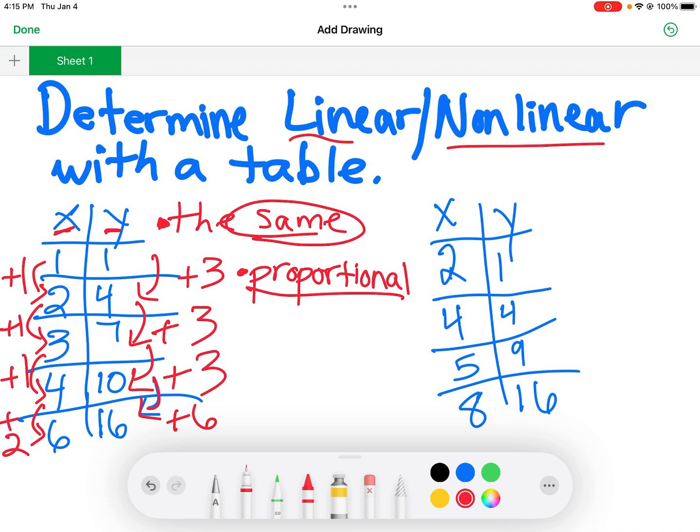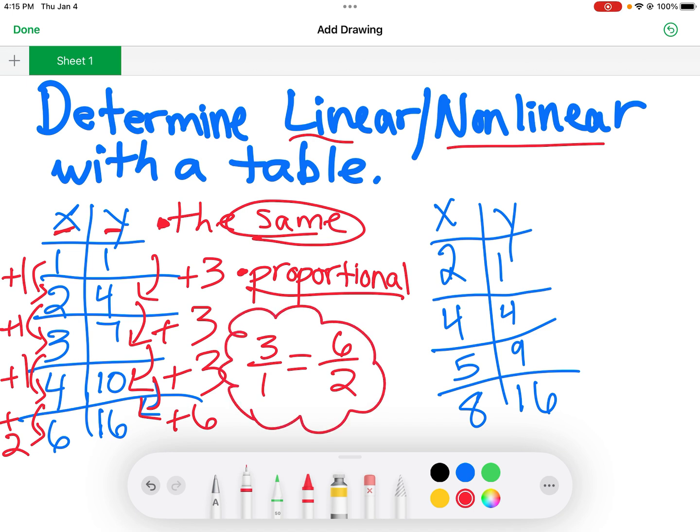And here, 3 over 1 is proportional or equivalent to 6 over 2. Now, it's unlikely that you're going to need to do this on any of the problems today, but just in case, if it's proportional, it's going to be linear.